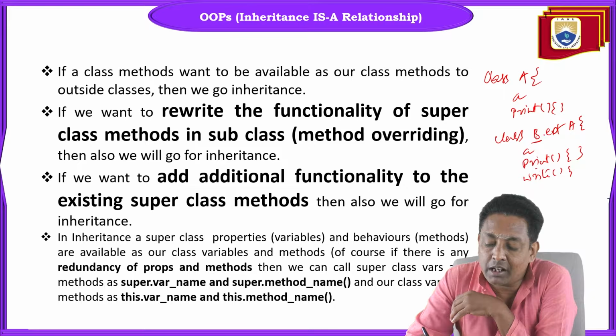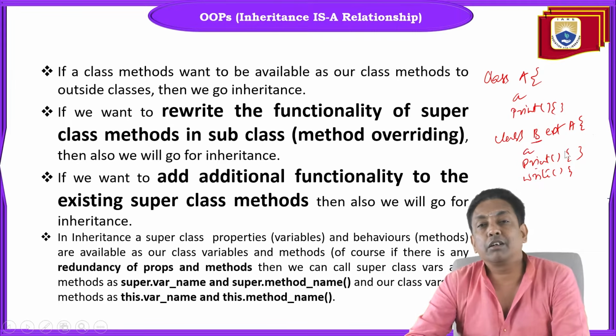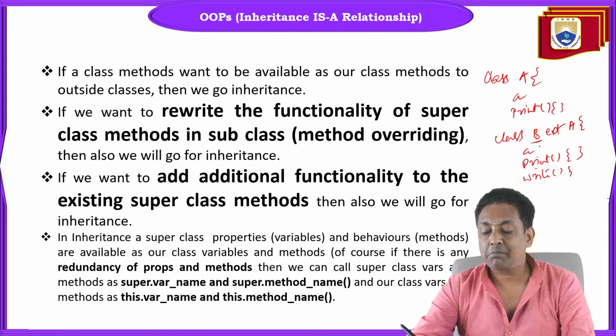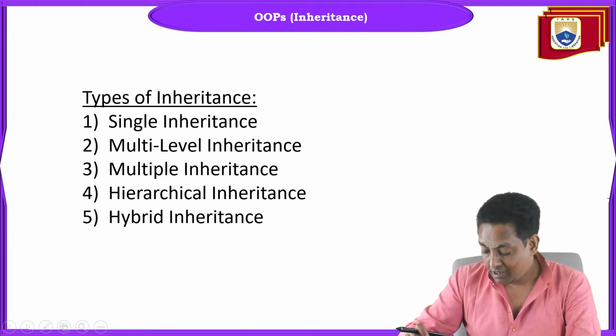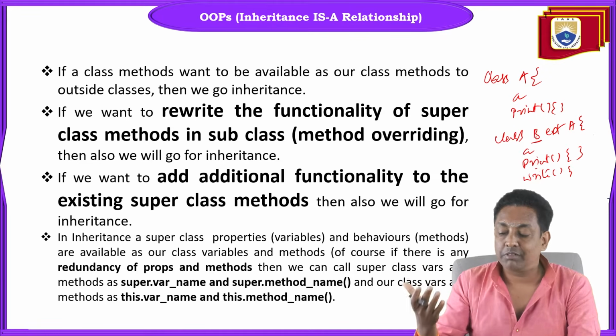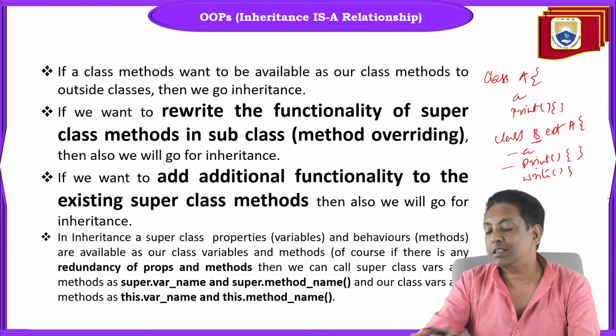Knowingly or unknowingly, class B also declares one variable called A and wrote one function called print. The same variable name and same method exist in both superclass A and subclass B. So that is written unknowingly, or maybe there may be some reason that we need to write a variable and method like this in class B.